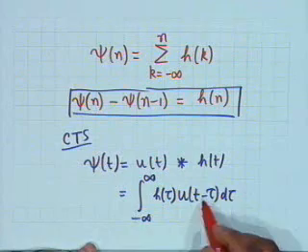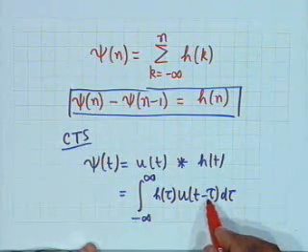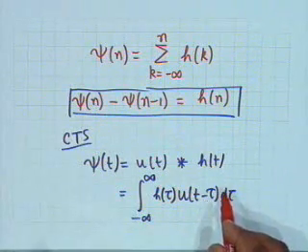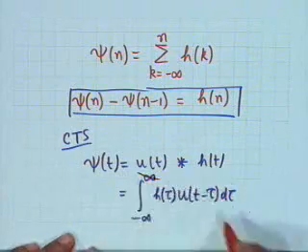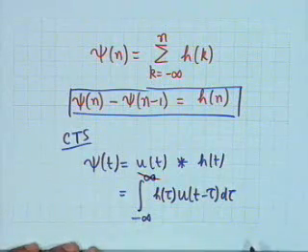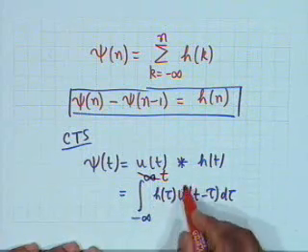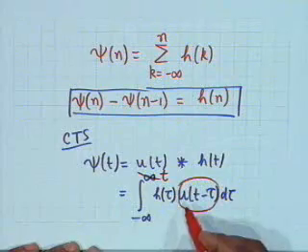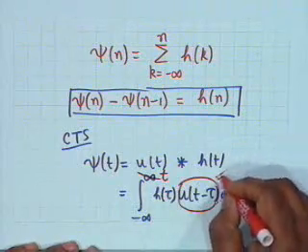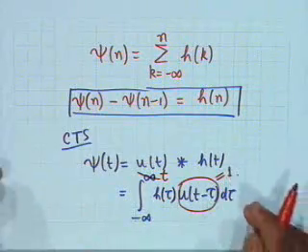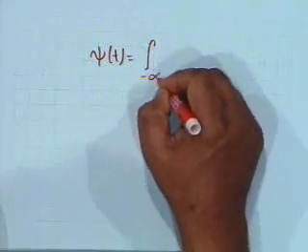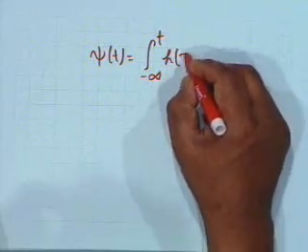That is, if t minus tau becomes negative, the unit step function becomes equal to 0, and therefore the upper limit cannot exceed t. Upper limit you can replace by t, and in this range, from minus infinity to t, u of t minus tau is equal to 1, and therefore we get the interesting relationship, that is, we get psi of t as the integral from minus infinity to t of h of tau d tau.